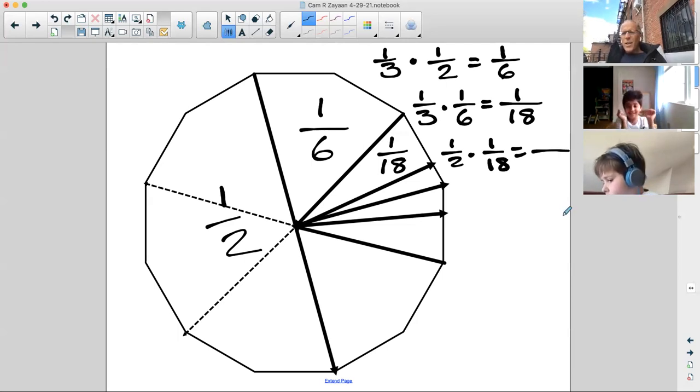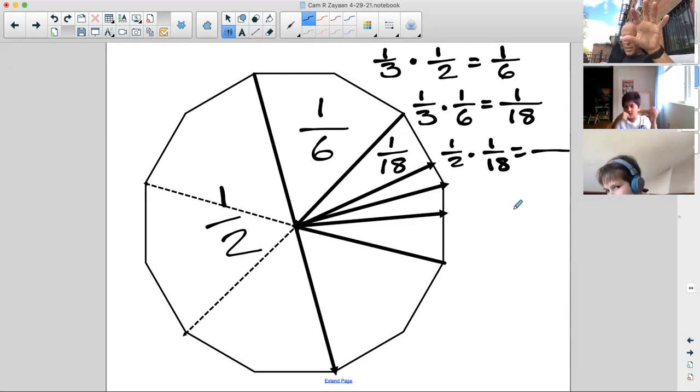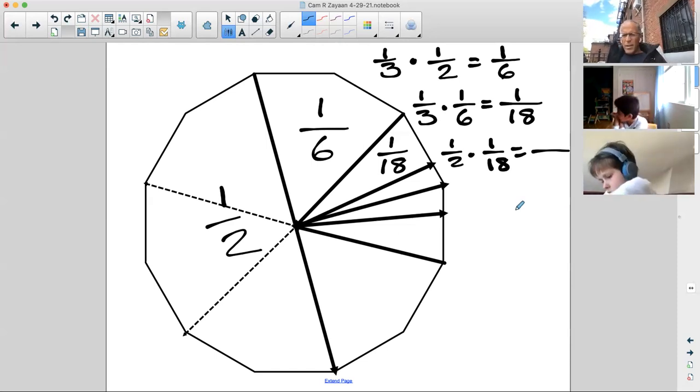Okay, let me count that. And if you want, Zion, instead of using multiplication, you could use repeated addition. 18 plus 18 is the same as 18 times 2. So what do you think, Cam? Do you have it yet? Are you working on it? Okay, go for it.